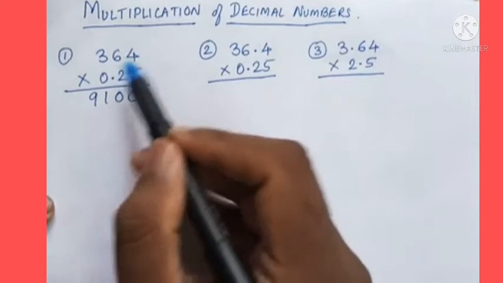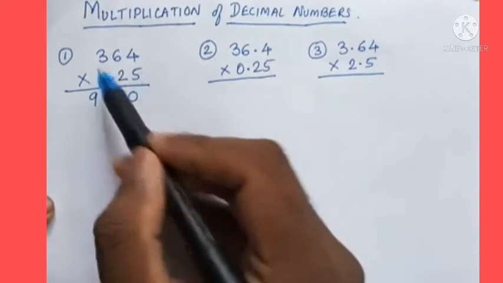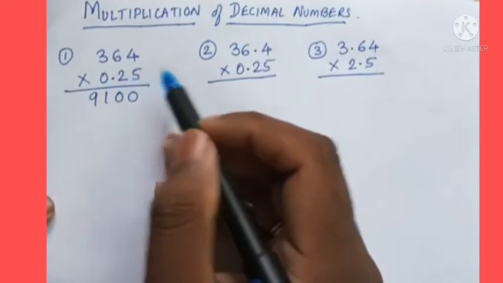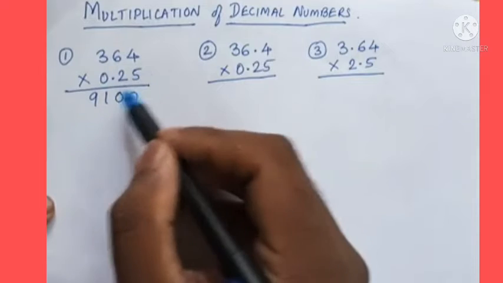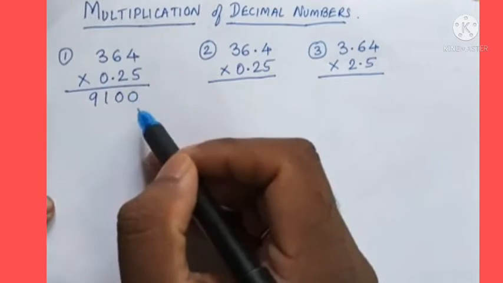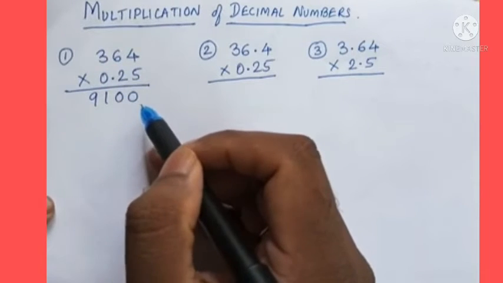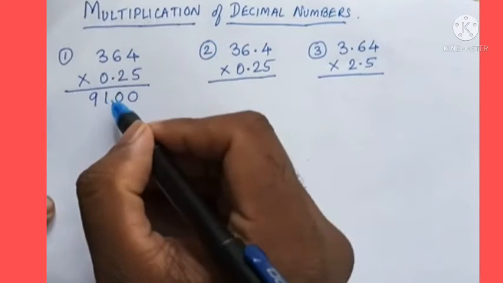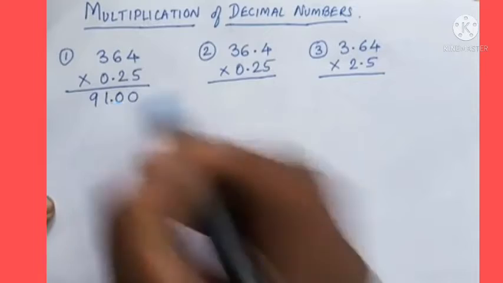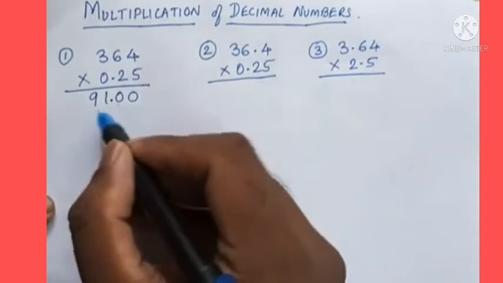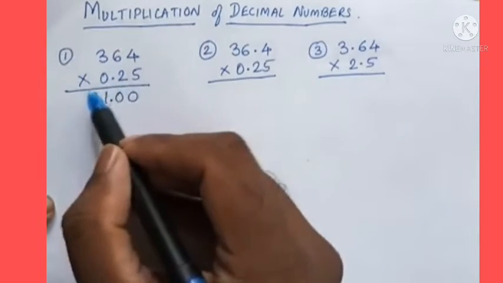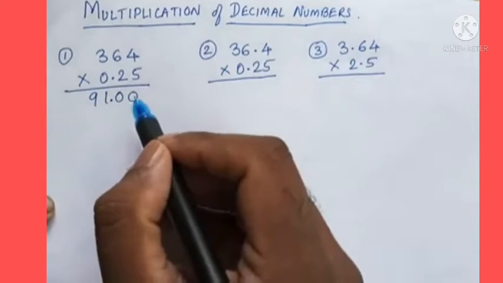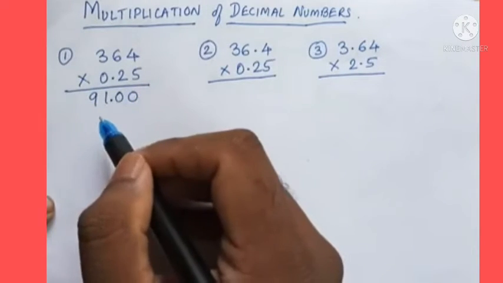So the total number of digits after the decimal point in both these numbers is just 2. So in the final answer also, the last 2 digits will be after the decimal point. Hence, the appropriate location for the decimal point will be this. So the final answer for 364 multiplied by 0.25 is 91.00 or just 91.